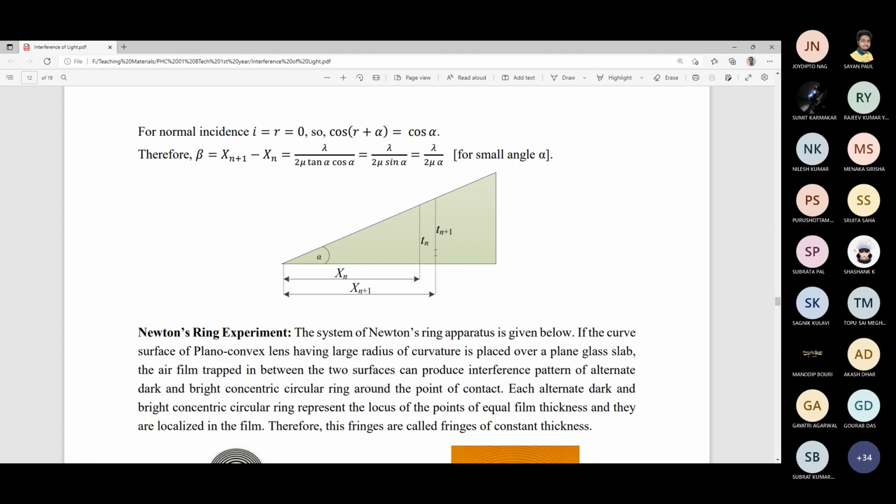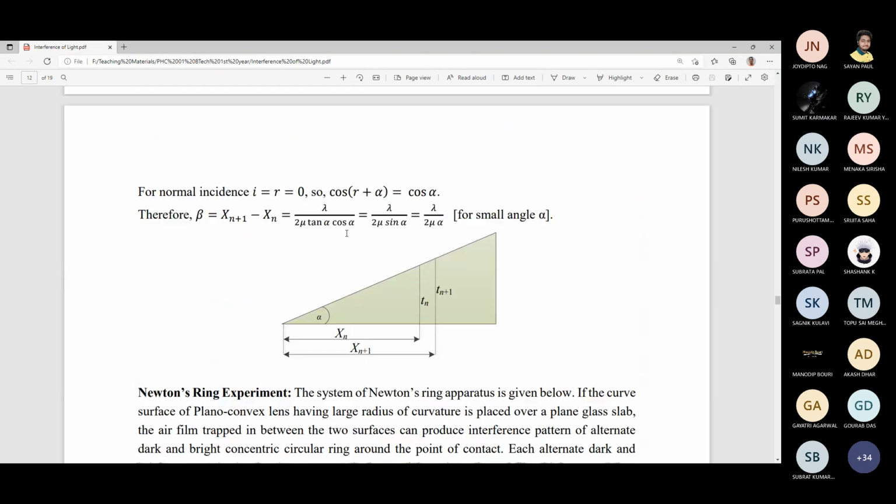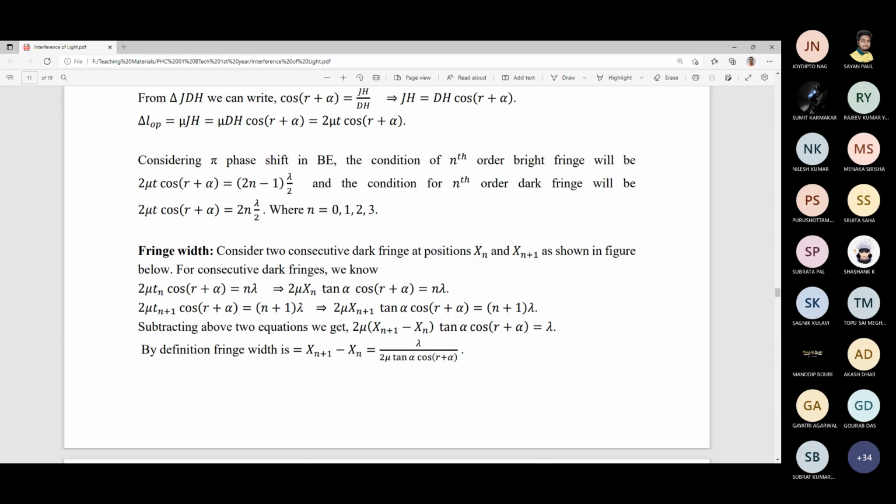Then for this angle, we can write twice mu Tn cos(r plus alpha) equal to n lambda, and we can replace Tn by xn tan alpha, because tan alpha equals Tn by xn. So Tn equals xn tan alpha, which gives xn tan alpha, n lambda.